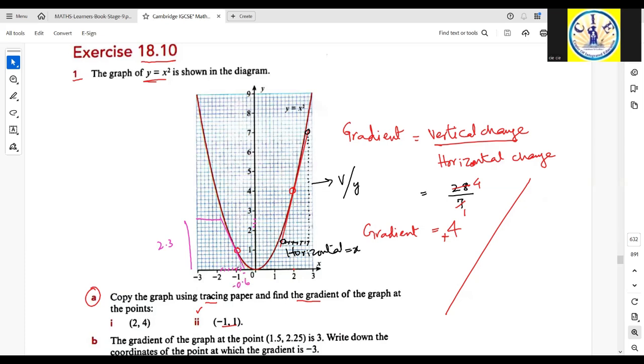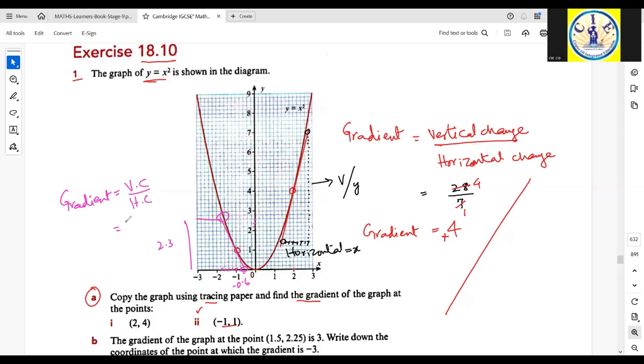Then 1, 2, 3, 4, 5, 6 boxes. So 6 times 0.2 is 1.2. And when we divide them, this is vertical change divided by horizontal change. You can see that its ending point is 0 and starting point is about 2.3.